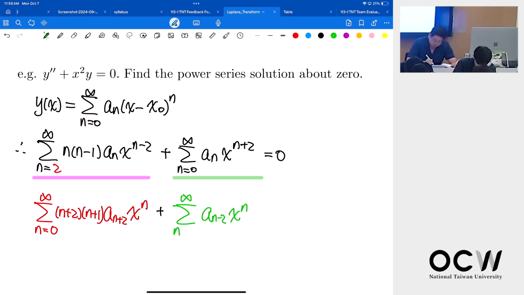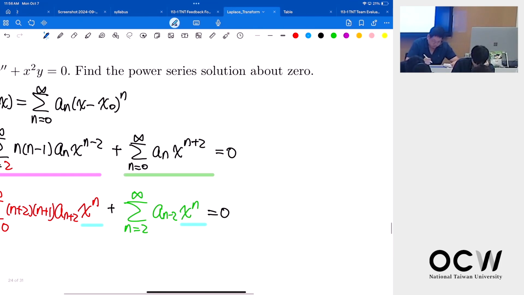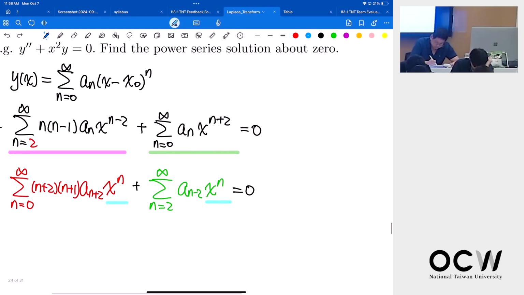So my summation is from 2 to infinity. That should be 0. And you can see that I have the same order. Here I get the same order. So I get the same power.